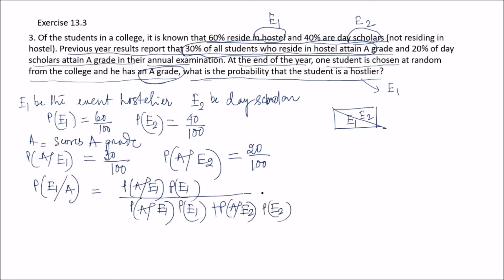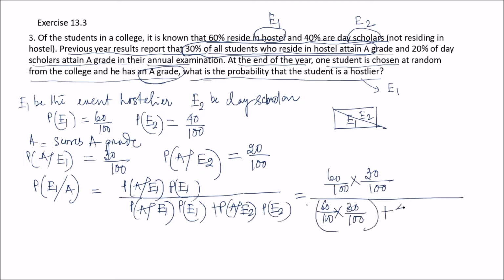So how much is this? This is 60 by 100 into 30 by 100, upon 60 by 100 multiplied by 30 by 100 plus 40 by 100 into 20 by 100. So this 100 into 100 we can take outside.